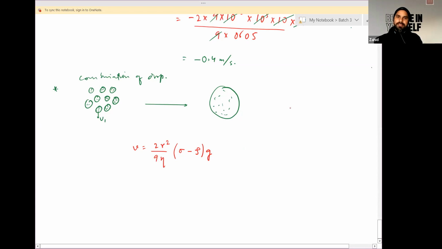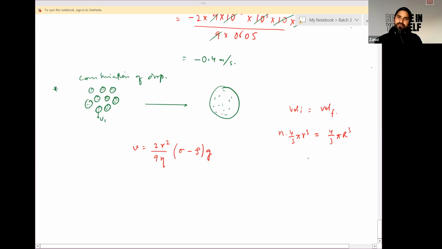So we have to somehow calculate the relation between radius of these two bodies. To find radius, just compare volume. Volume initial should be equal to volume final. We have n number of small drops, each having volume 4 by 3 pi r cube, equals 4 by 3 pi R cube.